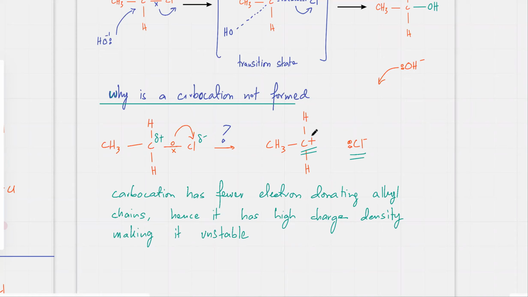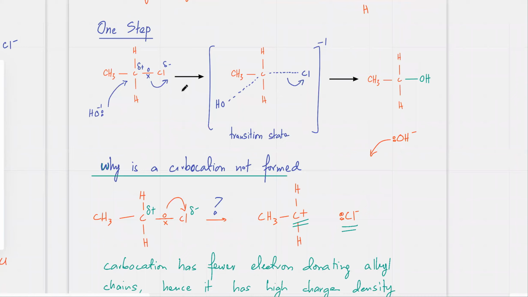So which is why you would need OH-1 to come in. The negative charge of the OH-1 would be very strongly attracted to the positive carbon atom, but it's also going to provide the push that's needed to push the Cl out. Is this point clear?